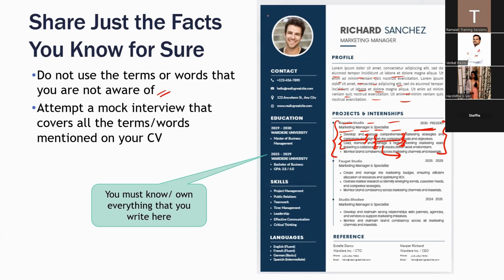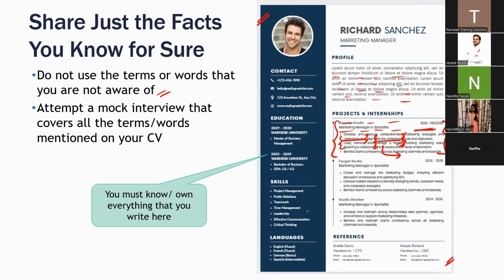The best thing would be that you prepare your CV and then ask yourself straight, obvious questions. Let's say you have written one point: attended so and so workshop, conducted this, and learned this. Ask yourself, if somebody asks me a question on this, what did you do here? What is the outcome? What is this project about? Do you have the answer?